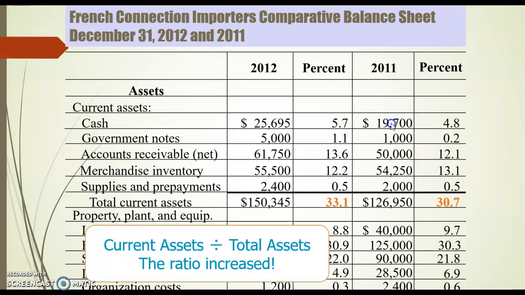Whereas in 2011, we're going to divide every number by the 2011 total assets. So in 2011, cash was 4.8% of the total assets. So cash is a higher percentage of our assets.